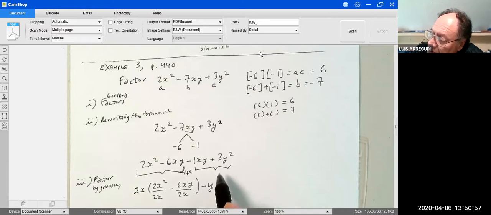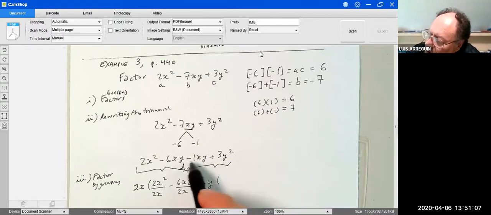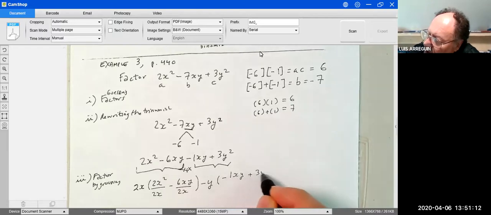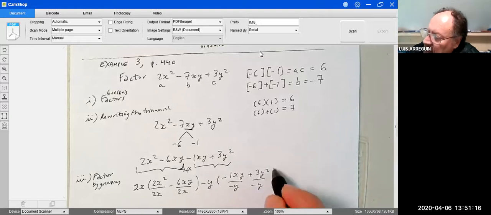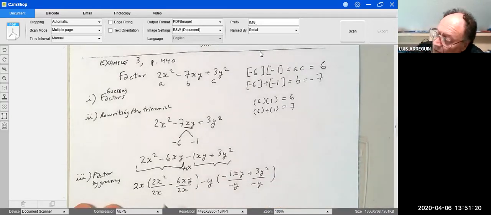And what is the smallest exponent for y? It is just 1. So negative y is going to be my greatest common factor for the second group. Then I'm going to write again minus 1xy plus 3y squared over negative y over negative y. So I need to divide by my greatest common factor. So I'm going to get 2x here.